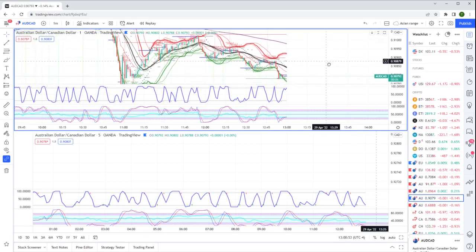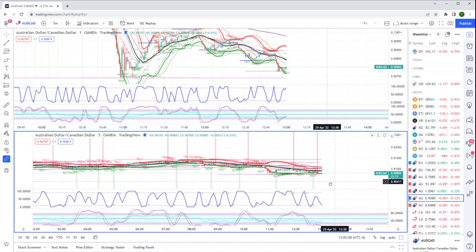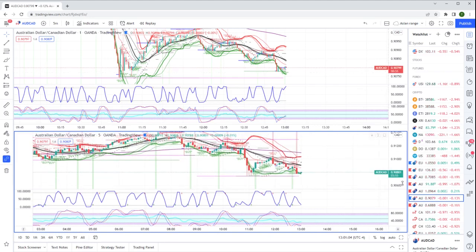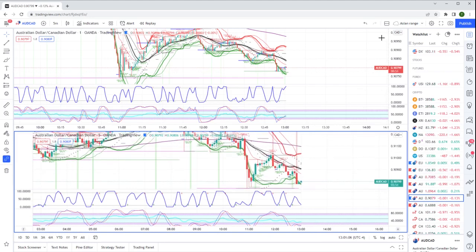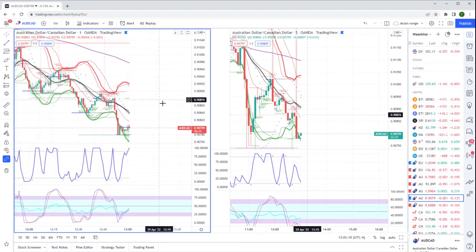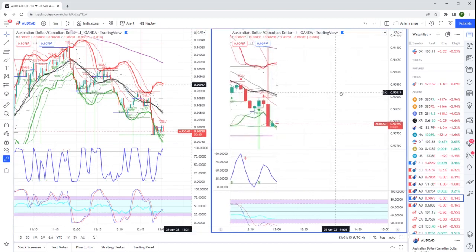But let me get them set up to where we can see everything that's going on with each one of them, around the same place. It may actually be easier to do it like this. There we go. So I've got my 1 minute on the left, my 5 minute on the right.